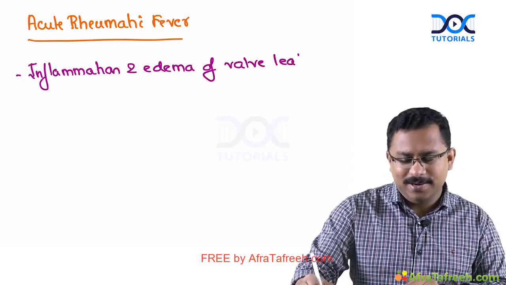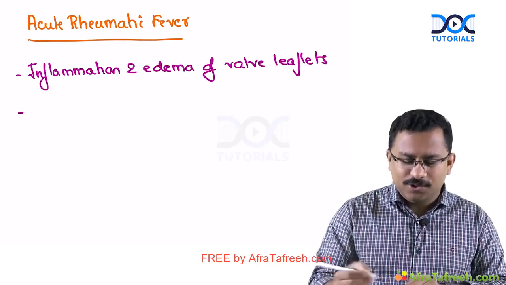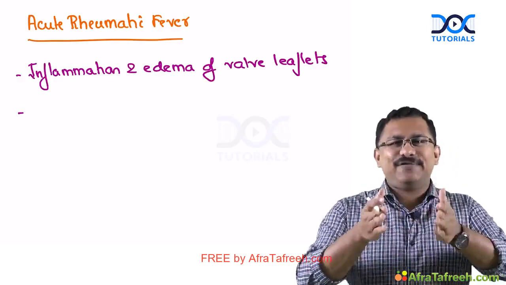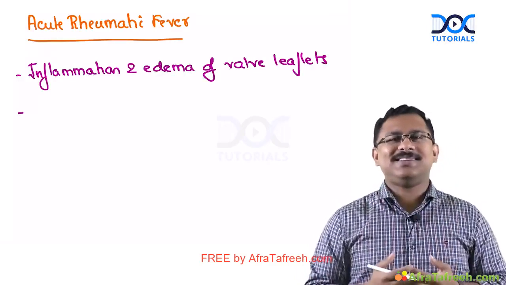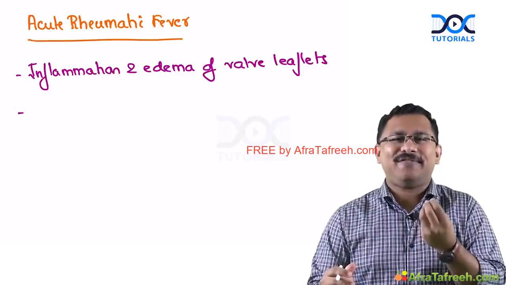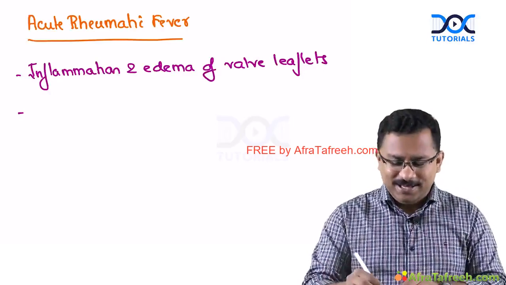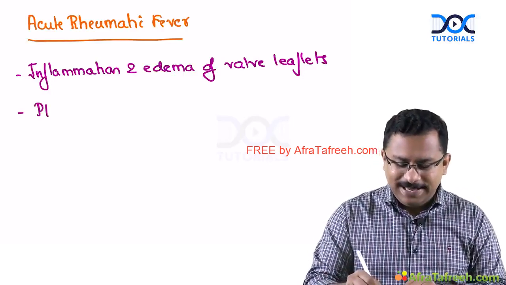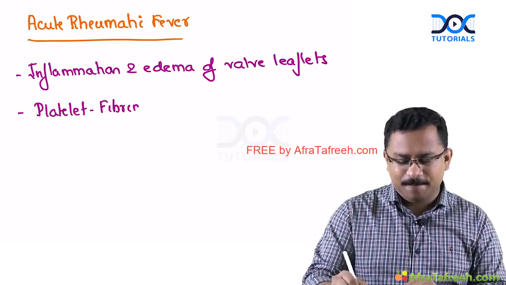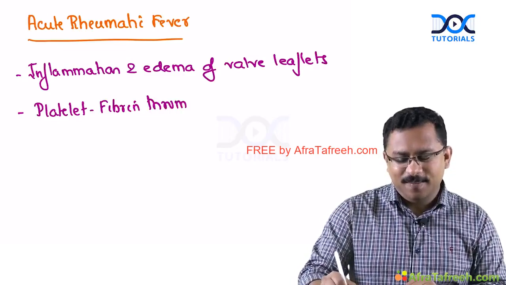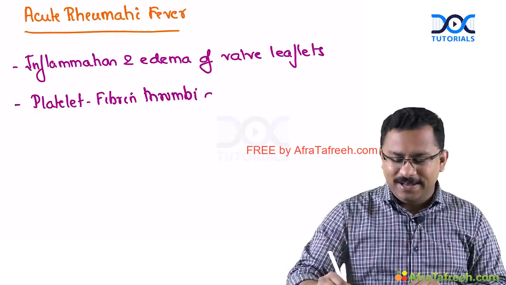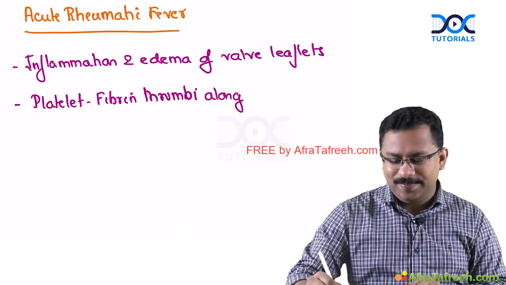Okay, that is number 1. And also at the leaflet contact zones, you can have small platelet fibrin thrombi along the leaflet contact zones.